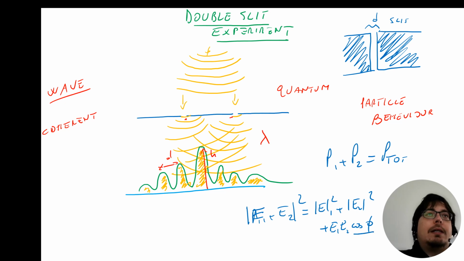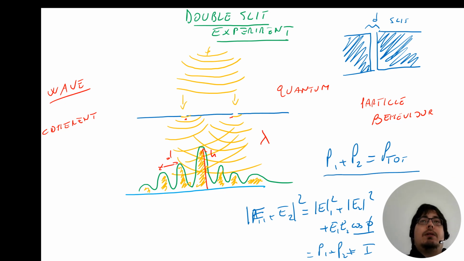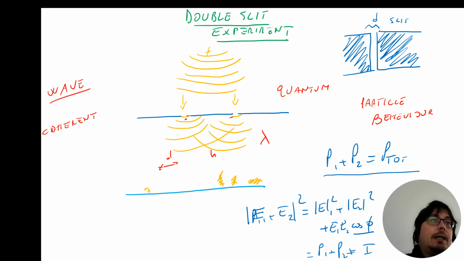And this cosine is exactly this oscillatory behavior. And as you can see, this can be seen as P1 plus P2 plus interference. So it's different from previously, because previously there was no interference, but now there is. And this is still classically explained. It's very easy to explain it classically.